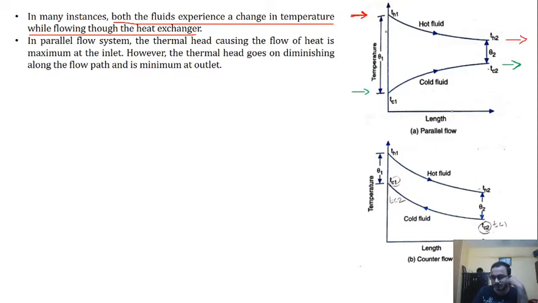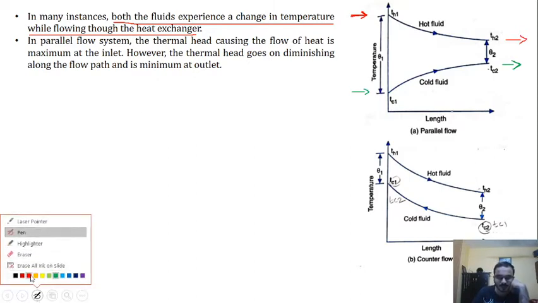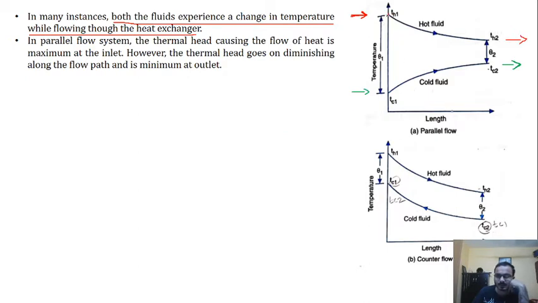So at the entry, the hot fluid is having highest temperature over here, and cold fluid is having lowest temperature over here. And as the hot fluid moves in the heat exchanger, its temperature decreases, and for the cold fluid its temperature increases.